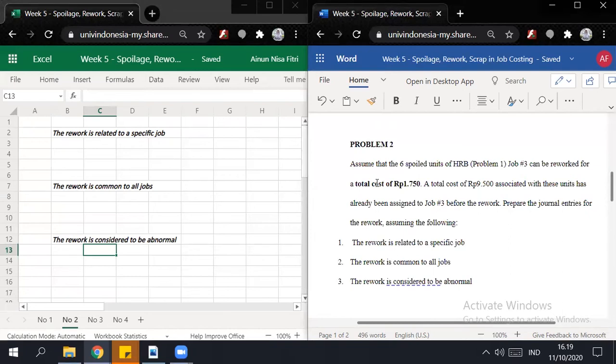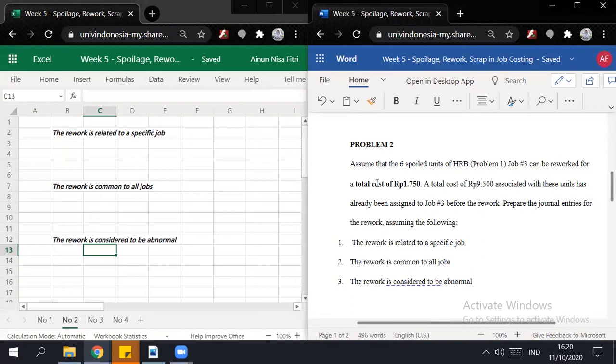A total cost of 9,500 associated with these units has already been assigned to job number 3 before the rework. Prepare the journal entries for the rework, assuming the following. First, the rework is related to a specific job. Second, the rework is common to all jobs. And then third, the rework is considered to be abnormal.